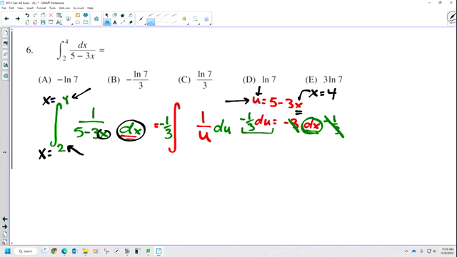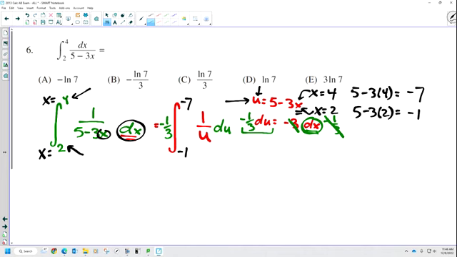If I put a 4 in here, that's 5 minus 3 times 4, which is 5 minus 12. It's negative 7. It's my upper bound. My lower bound is x equals 2. So if I throw a 2 in here, I get 5 minus 3 times 2, which is 5 minus 6, which is negative 1.